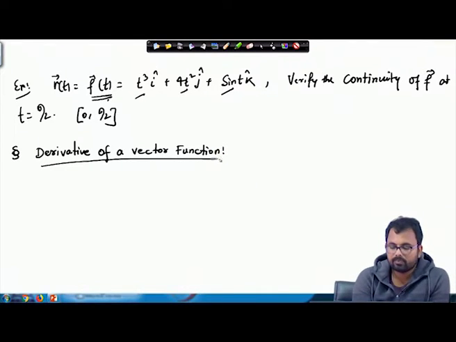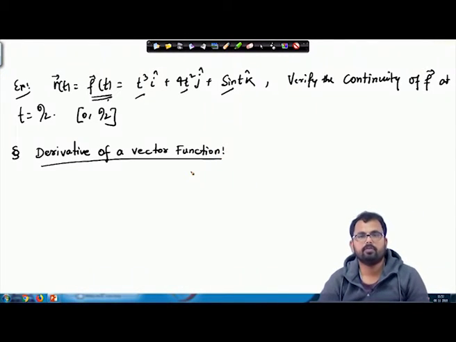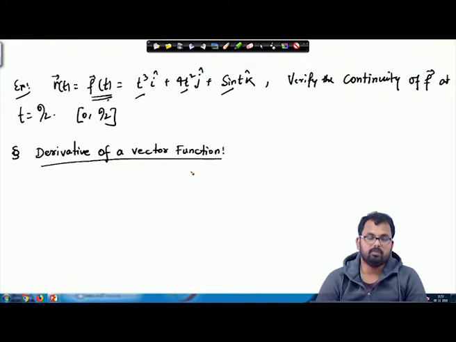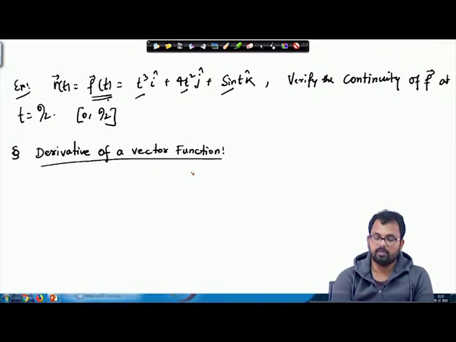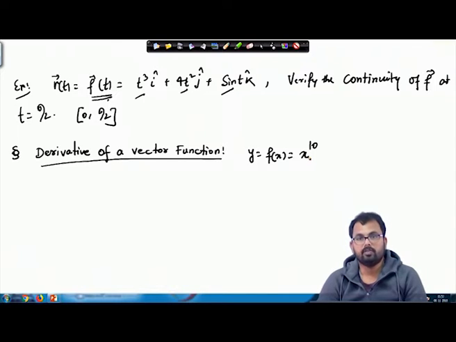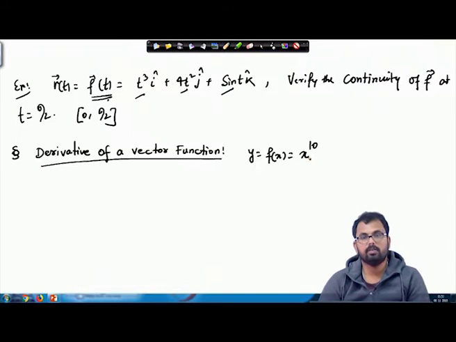Like functions of scalar variables, we can also differentiate vector functions, but in which context do we mean this? For example, a function like y equals f x equals x to the power 10 is 10 times differentiable. It is a very nicely behaving function, a polynomial function, and you can differentiate it at least 10 times, because the exponent is 10.